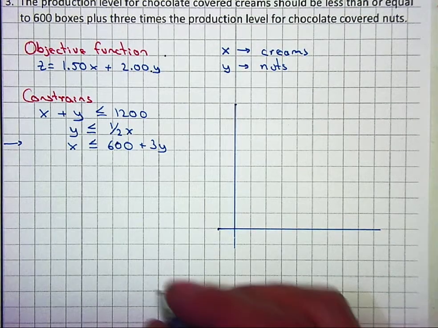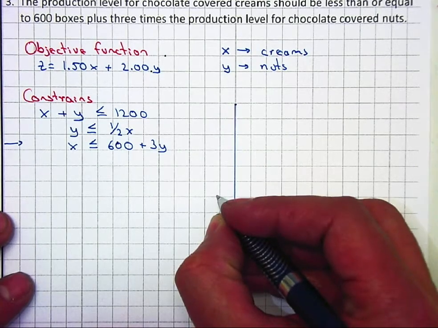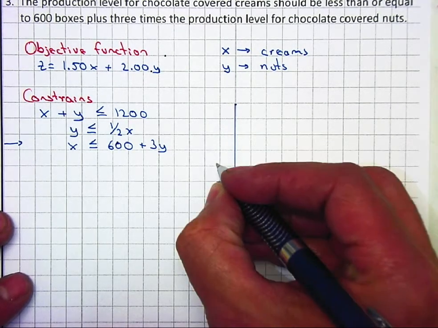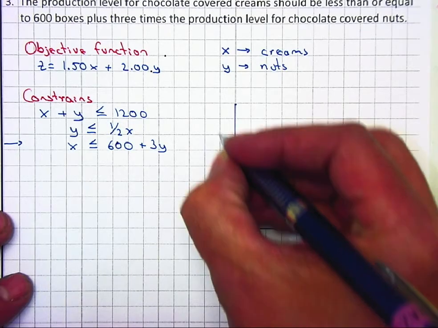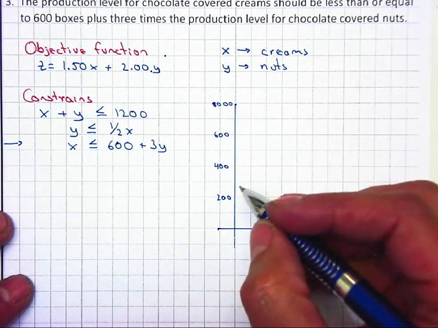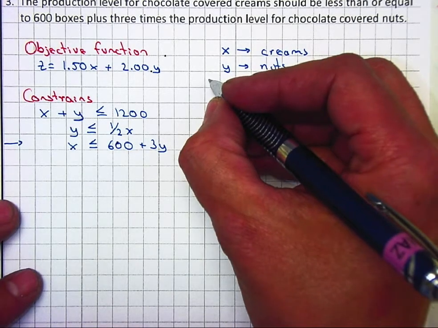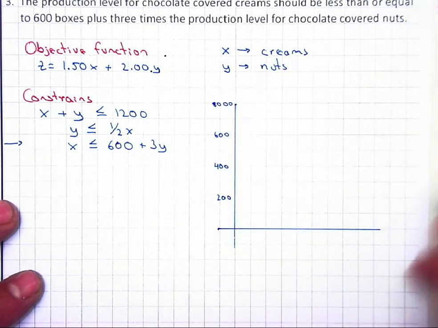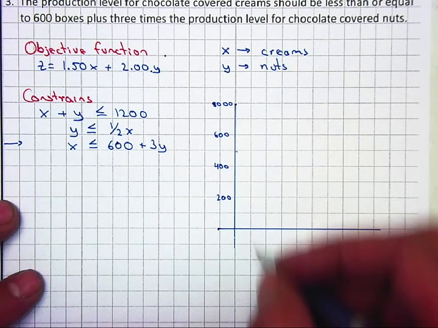I'm going to go by 100, so it'll be 100, 200, 300, 400, 500, 600, and 800. I just need the graph itself, so I don't need to go over 1200 all the way through.